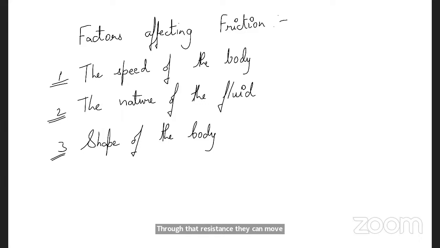Nature of the fluid. What does it mean by the nature of the fluid? It can mean simply how thick the liquid is, the consistency, the thickness of the liquid. It can be the molecules.